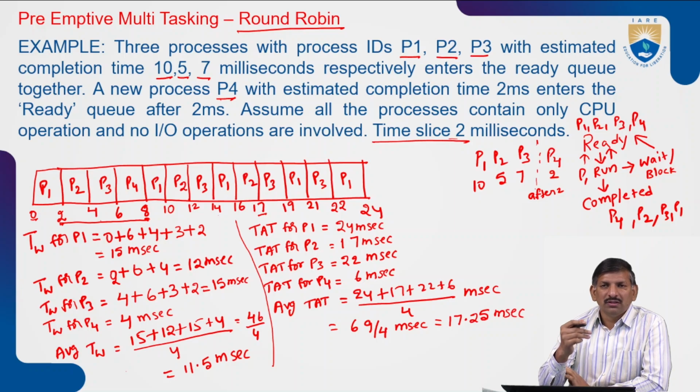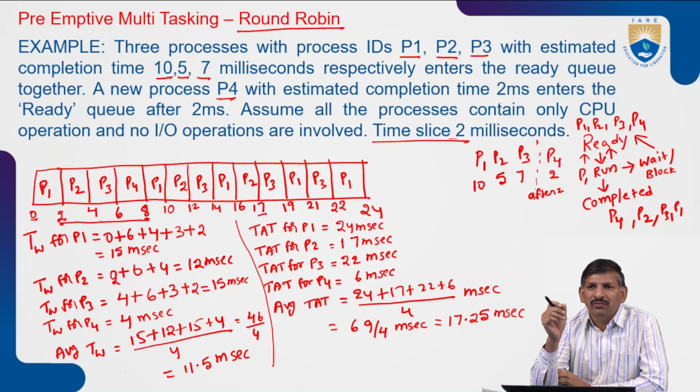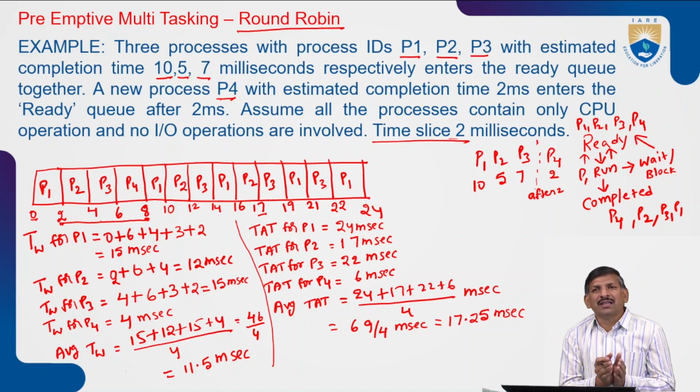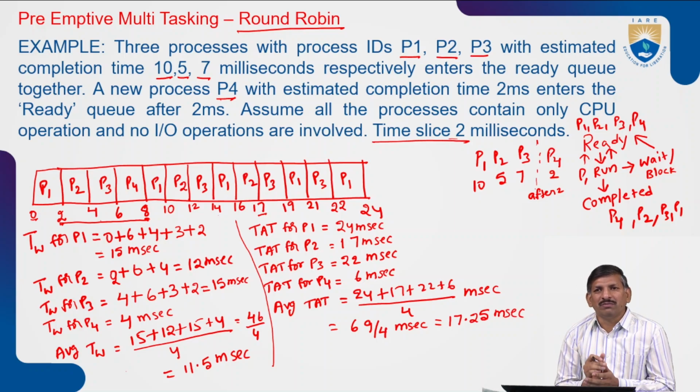In the same manner, we can check the average waiting time and the average turnaround time for all the algorithms. Whichever algorithm takes less waiting time and less turnaround time is the best for this requirement. We can implement that scheduling algorithm.